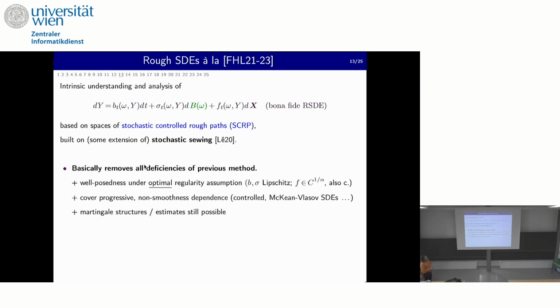Also C dot means also controlled. It means I can also allow F to be time dependent, even with rough dependencies, if I put some F prime, some Gubinelli derivative in, but let's not fuss about this. We can put sigma here, we allow for the full progressive generality as you need in stochastic control.